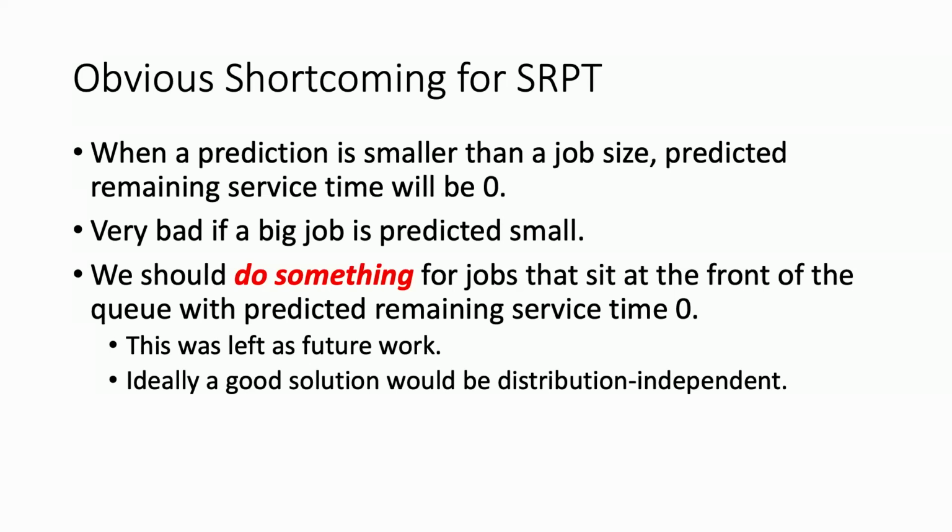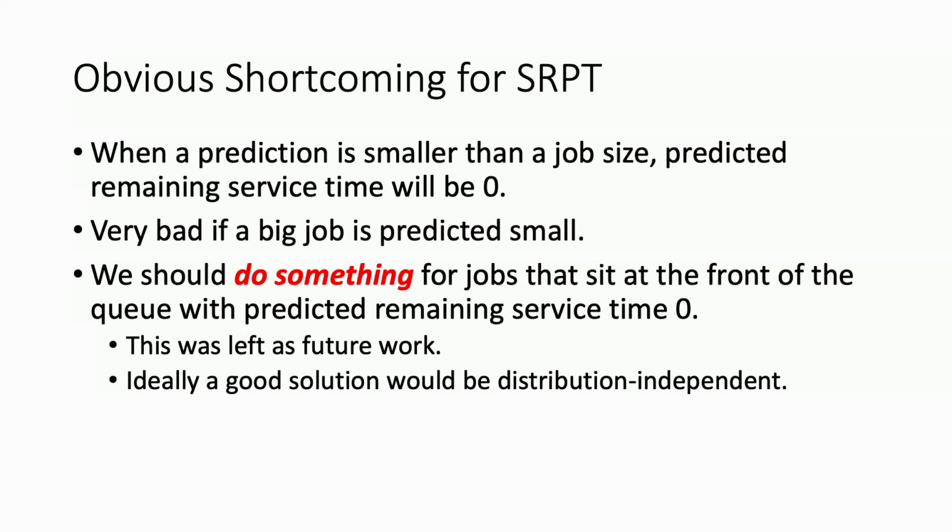Then it is going to be stuck at the front of the queue. Nothing's going to get around it. It was clear to me when I was first doing this work that this is a problem, but I was just writing equations. I didn't quite know how to solve this problem. We'll come back to this. It's clear we should do something.